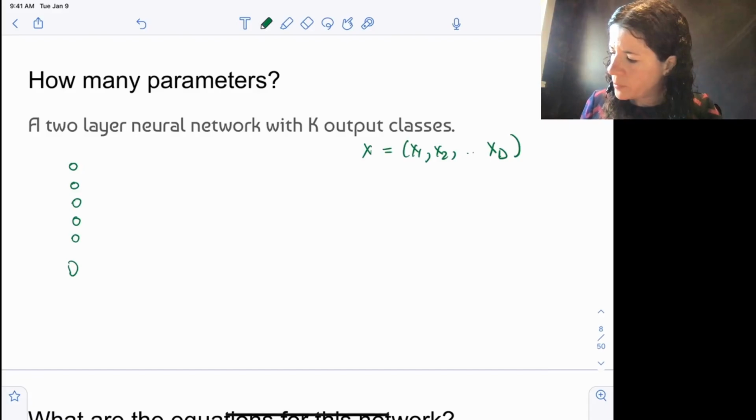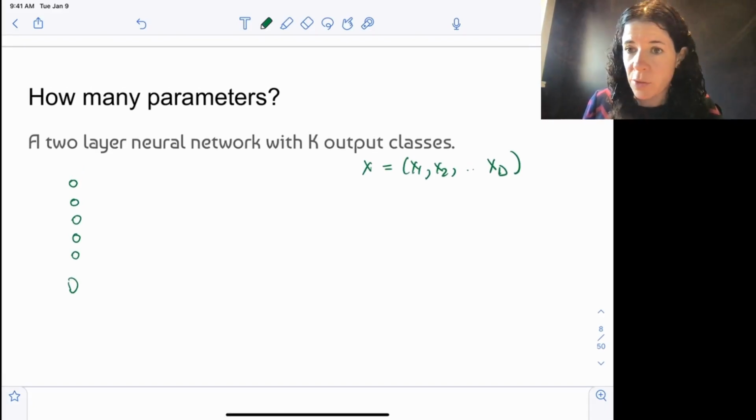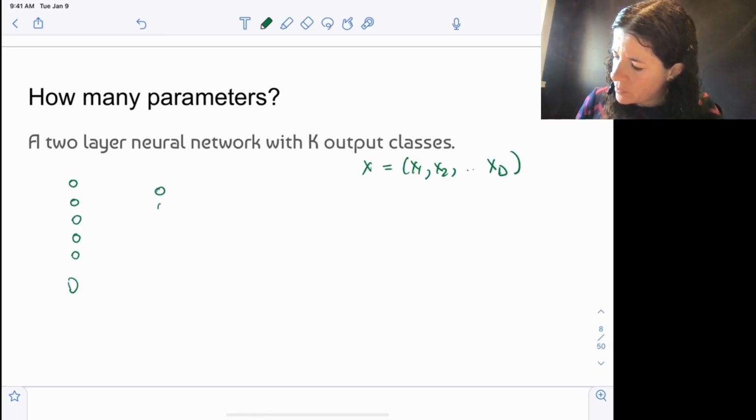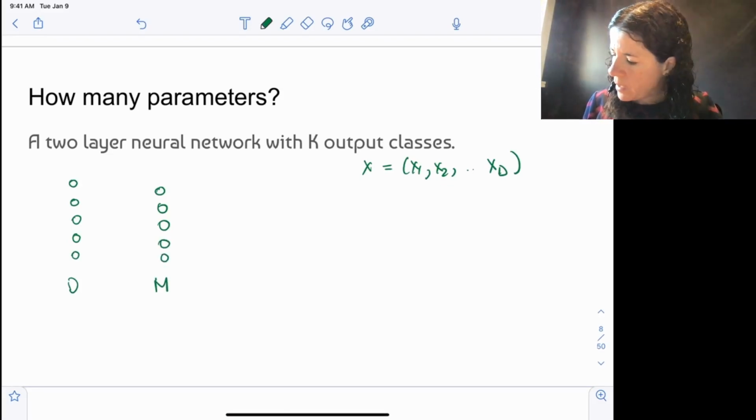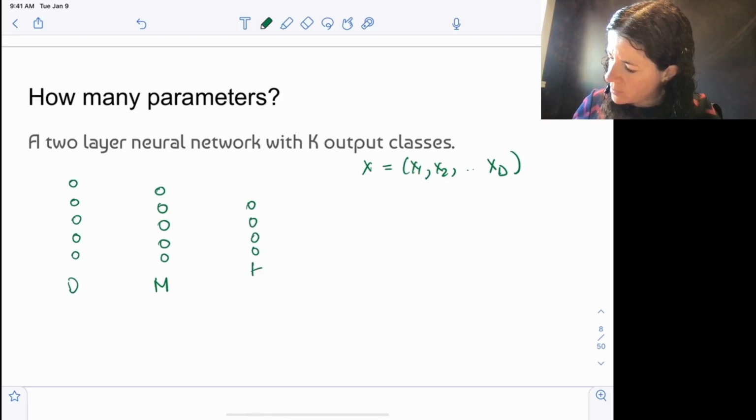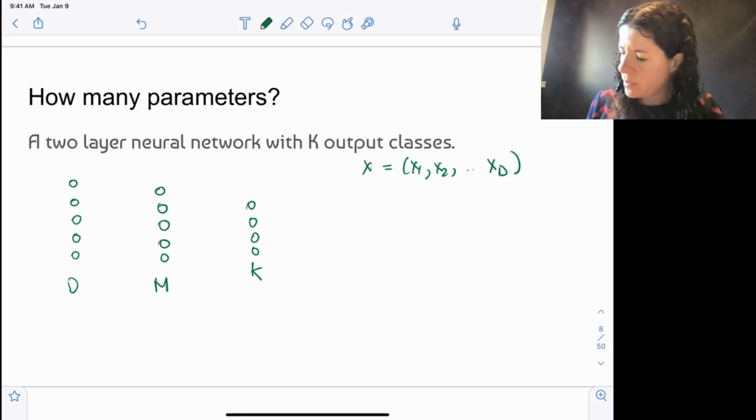We can draw a little picture here and say we have d neurons. This is our input layer. And then we want to transform that into m layers. So this would be our hidden layer, m neurons. And finally, after that, we want to transform that into k classes.